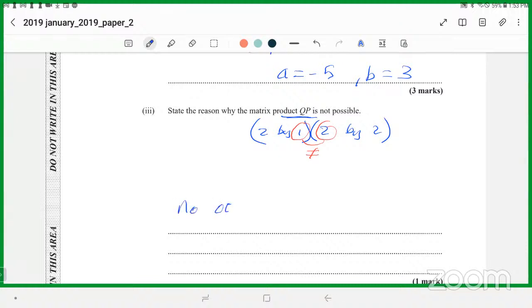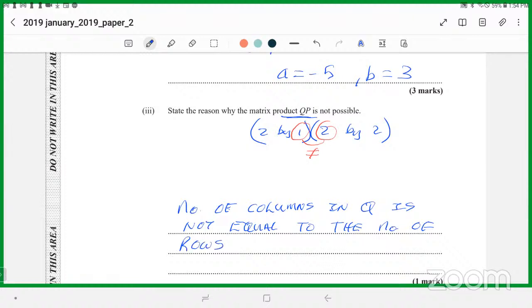Number of columns, the reason is that the number of columns in Q, the first matrix, is not equal to the number of rows in the second matrix.